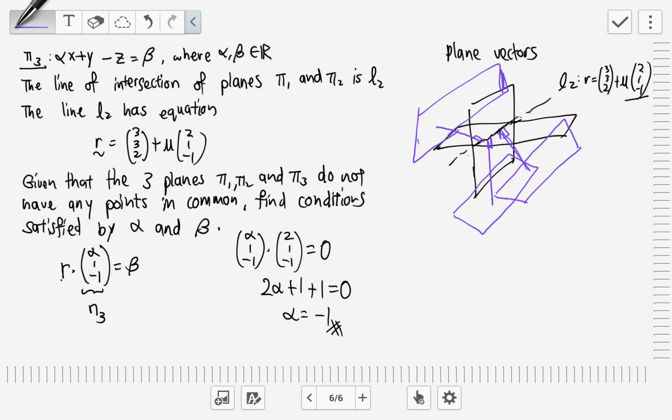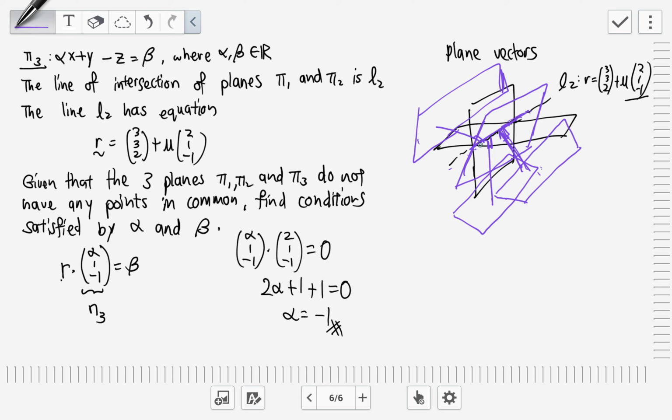But there's one more condition to be satisfied. The line cannot fall on the plane itself. Otherwise, if the line was on the third plane, the normal to the third plane would still be perpendicular to the direction vector of this line, but it will have many common points with the first two planes.